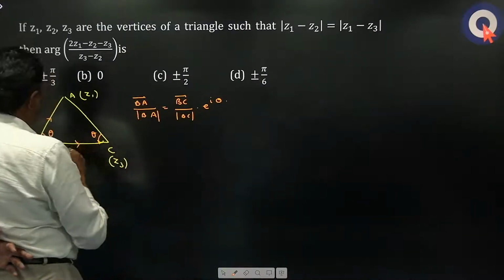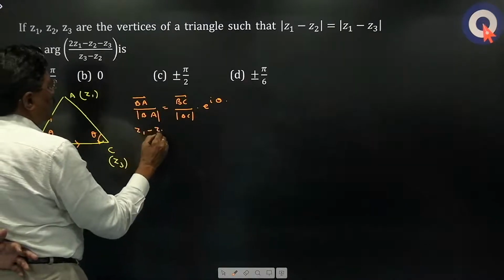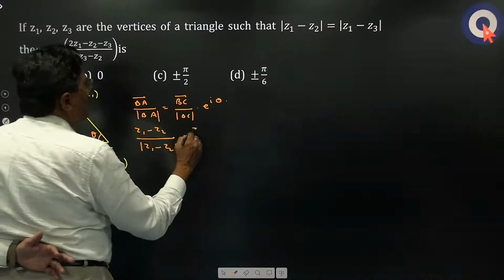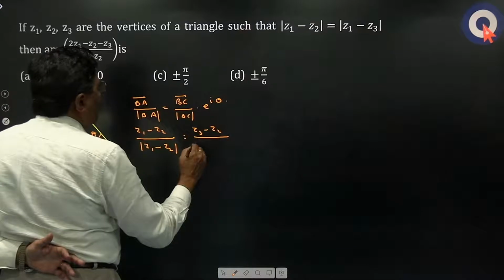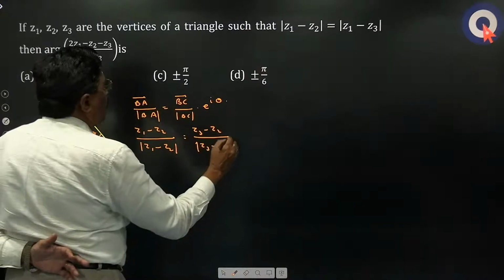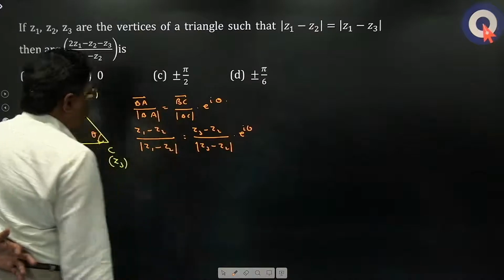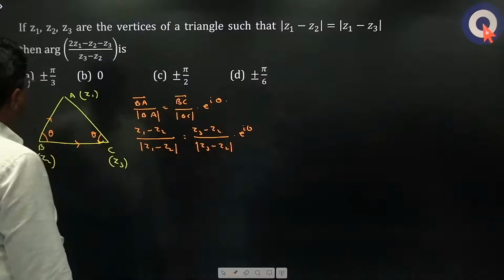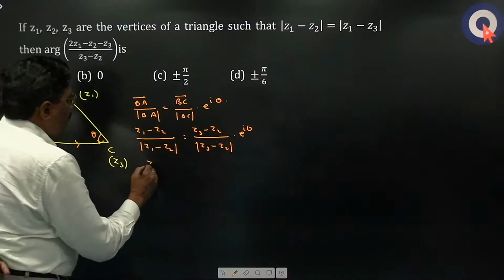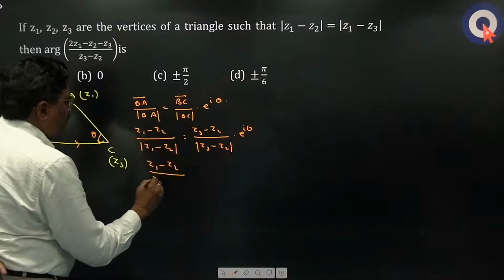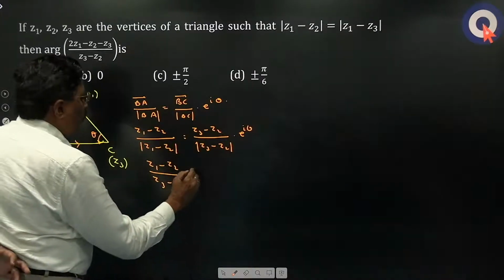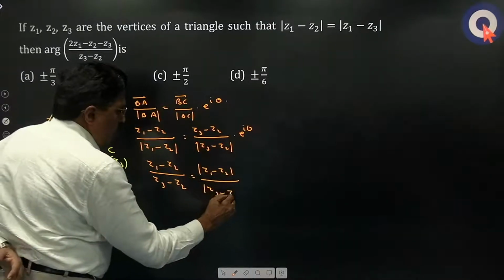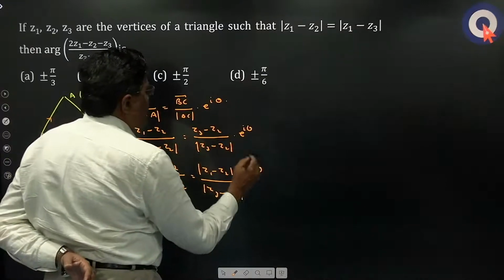So BA is Z1 minus Z2 by mod Z1 minus Z2, which is equal to BC, which is Z3 minus Z2 by mod Z3 minus Z2, into e to the power of I theta. Let it remain like that. Or we can write Z1 minus Z2 by Z3 minus Z2 is equal to mod of Z1 minus Z2 by mod of Z3 minus Z2 into e to the power of I theta. Let us keep it like this.